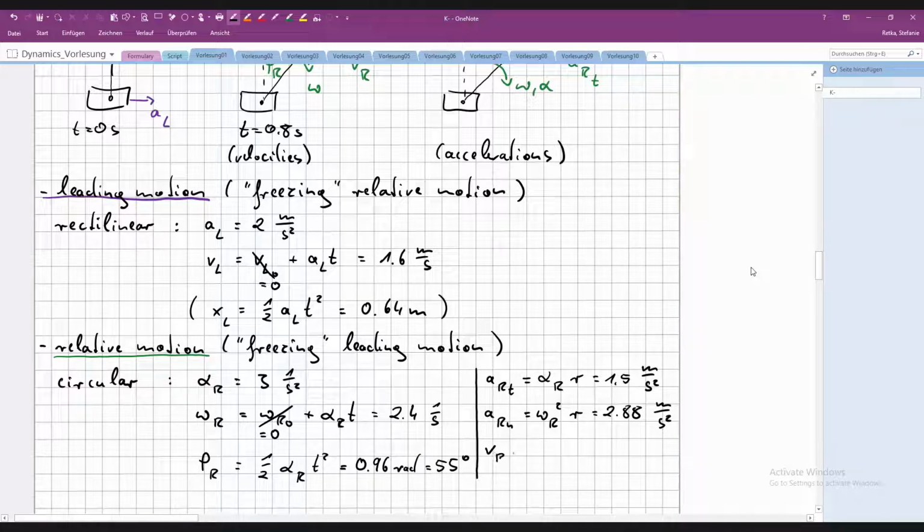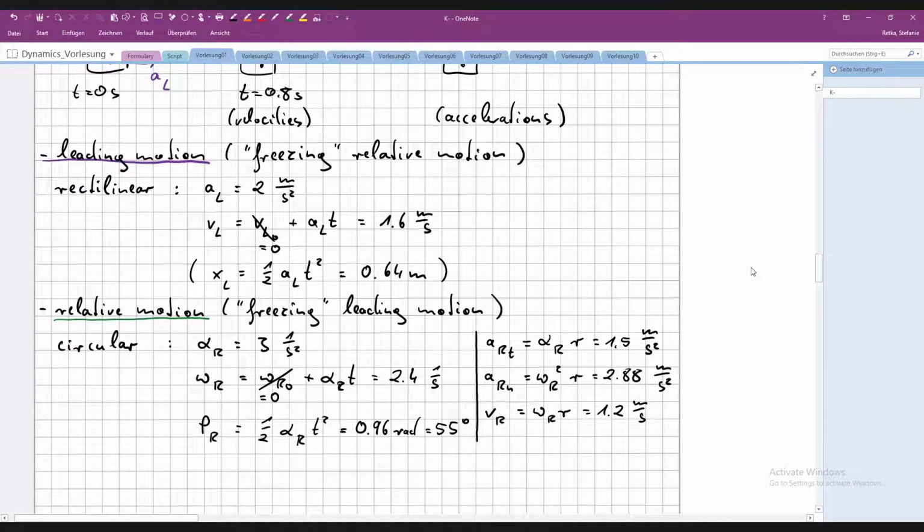Then the velocity, omega r times r, is 0.2 meter per second. Angular velocity times radius. And now we could compute the arc length.